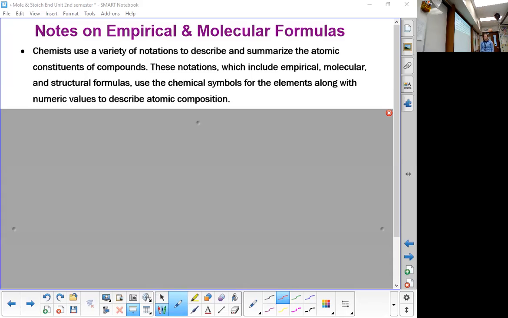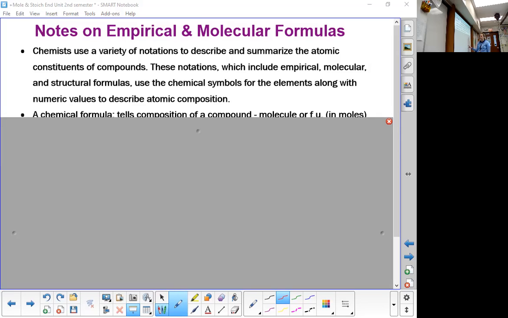As you may or may not have picked up, there are a variety of notations to summarize what makes up a compound. There are different ways to describe a compound: empirical, molecular, and structural formulas that use chemical symbols and give the subscripts and numerical values to describe what atoms make up that compound and their ratios.